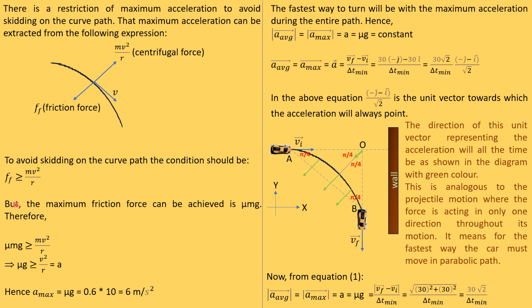But maximum friction force can go till mu mg, so mu g should be greater than or equal to v square by r, and v square by r is the acceleration a of the car. So when we take the equal sign, a maximum can be equal to mu g. Put the values of mu and g and you get 6 meter per second square.